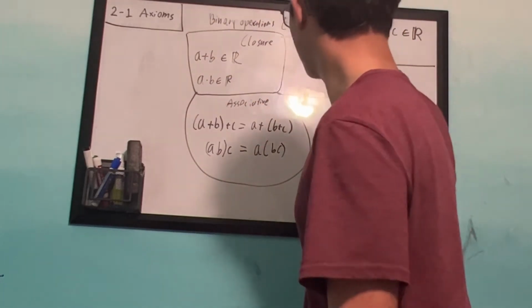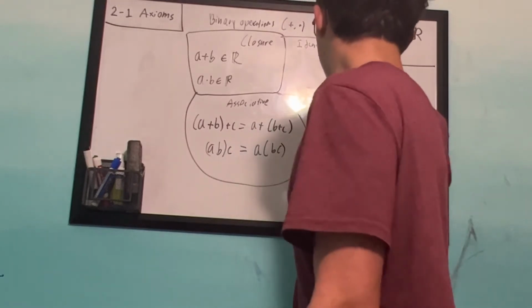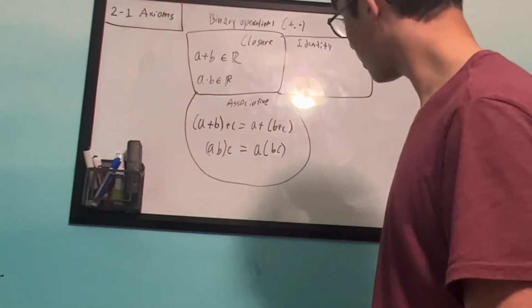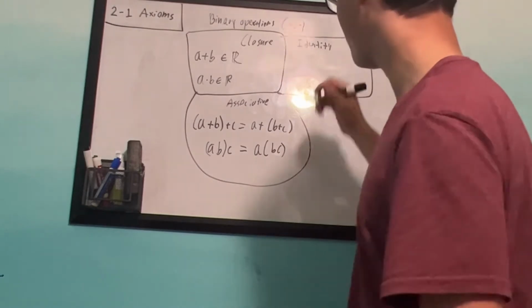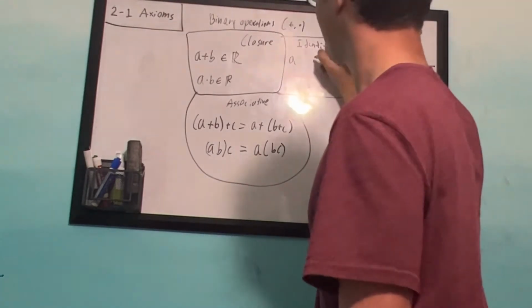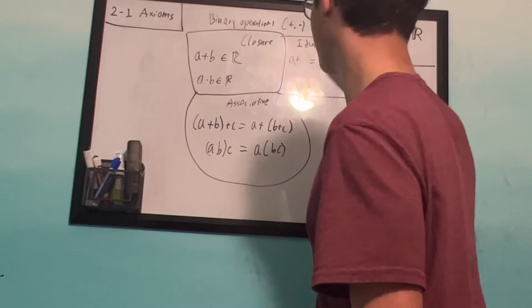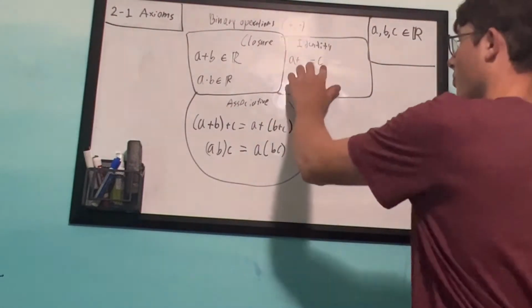Then you have identity. So an identity element would be an element that when you have something A and you use your operator on it, you get back itself.